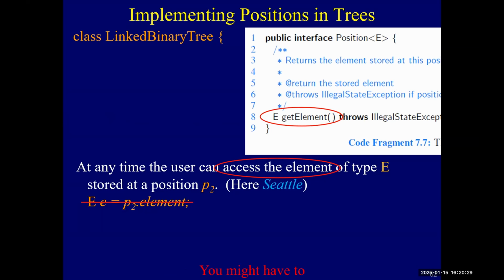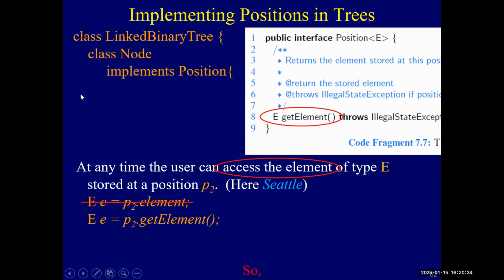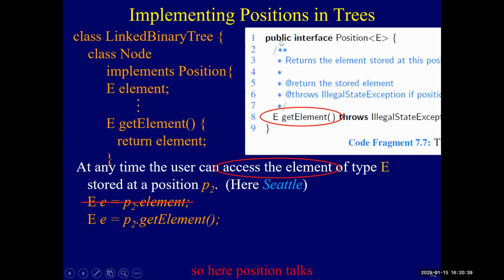You might have to implement it in here. Here, position says it should have a routine get element, but doesn't implement it. And so when node implements position, then node should write the get element routine, and call it get element to line up with what we already have.